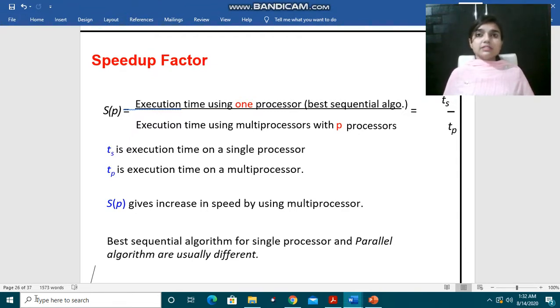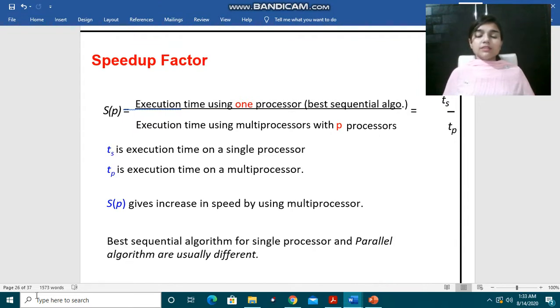How do we define the speed up factor? It is the ratio of the time needed by the best sequential algorithm divided by the time needed by the same algorithm when executed in the parallel environment. So here it is Ts by Tp, where Ts is the execution time on a single processor and Tp is the execution time on multiple processors.